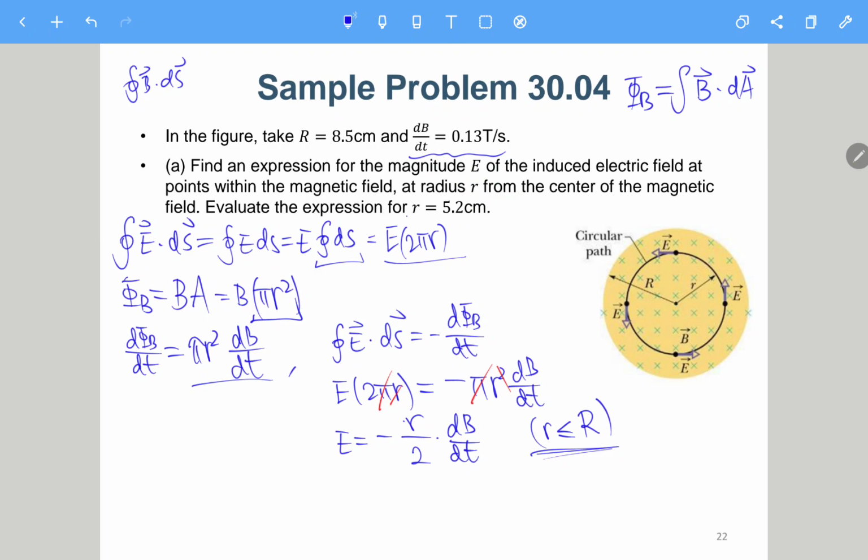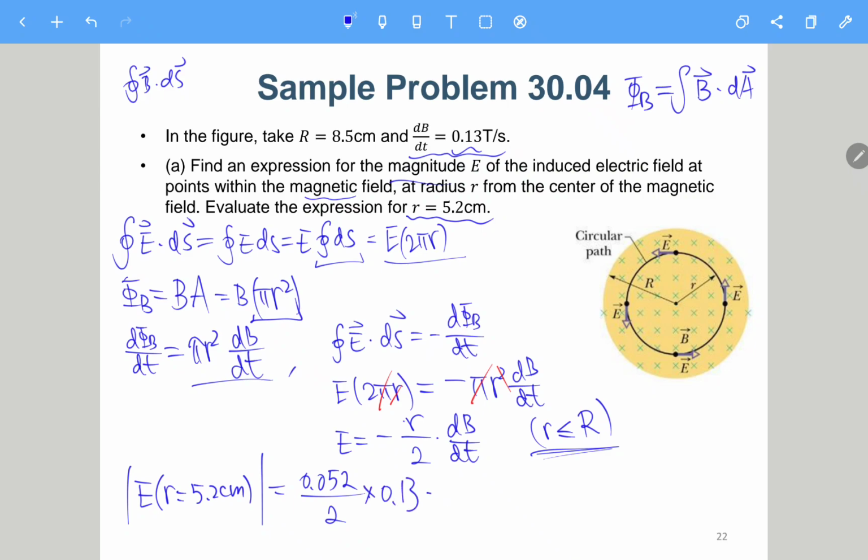Okay, and actually we would like to find E when r equals 5.2 centimeter. So we plug in r equals 5.2 centimeter, and then take the absolute value because we would like to find the magnitude. The magnitude means the absolute value. So it is nothing but 0.052 over 2 times 0.13.